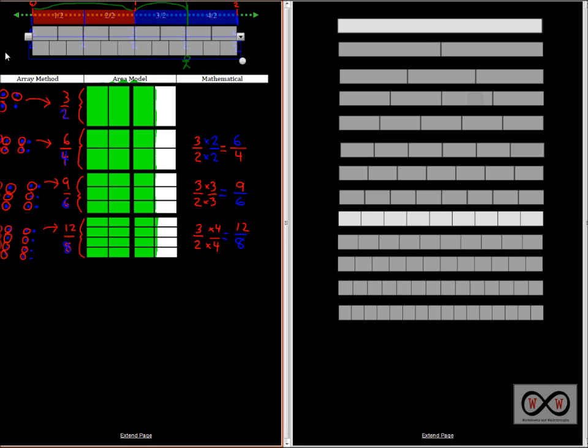And again, these are sixths. So 1/6, 2/6, 3/6, 4/6, 5/6, 6/6 was equal to 1 whole. That lines right up with 1 whole. 7/6, 8/6, 9/6 would line up right there with 3/2 and 6 fourths. They are equivalent.